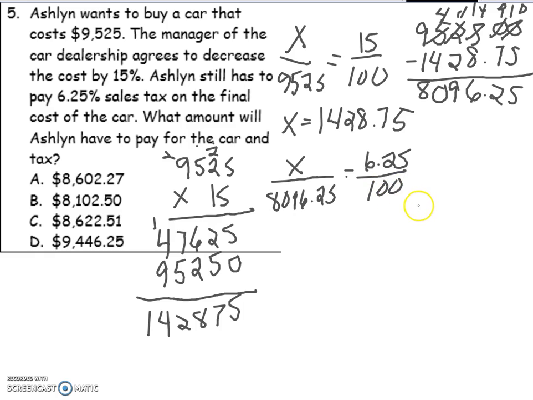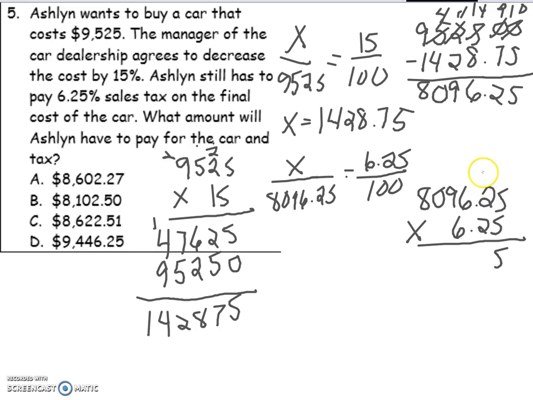So we're going to do the cross product rule and multiply by 6.25. 5 times 5 is 25. 5 times 2 is 10, plus 2 is 12. 5 times 6 is 30, plus 1 is 31. 5 times 9 is 45, plus 3 is 48. 5 times 0 is 0, plus 4 is 4. 5 times 8 is 40.